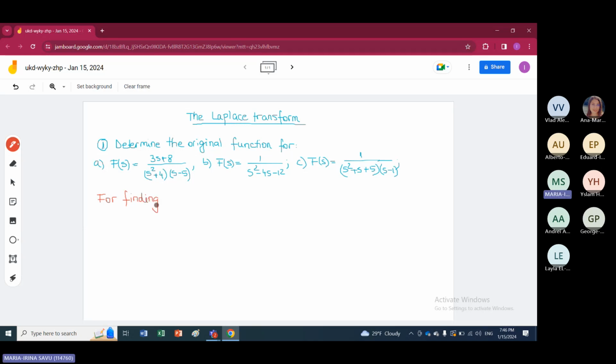For finding the original, you can write F of s as a sum of simple fractions and use some formulas. Now try to get the formulas.